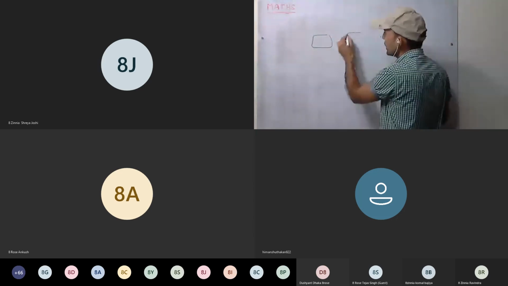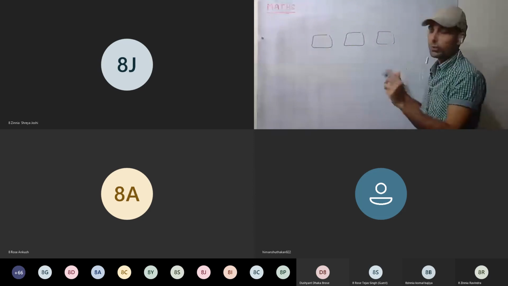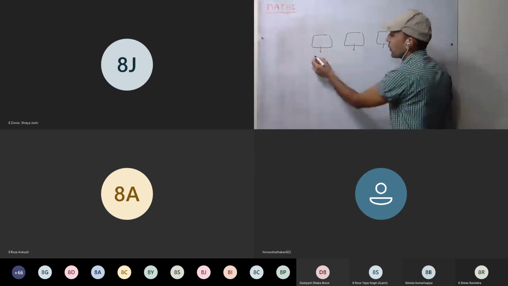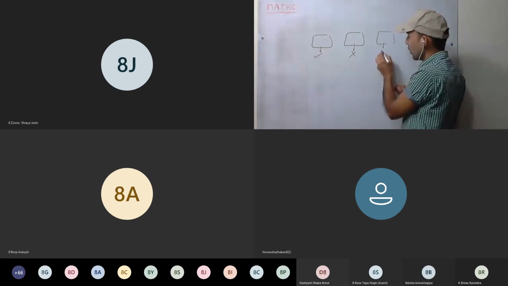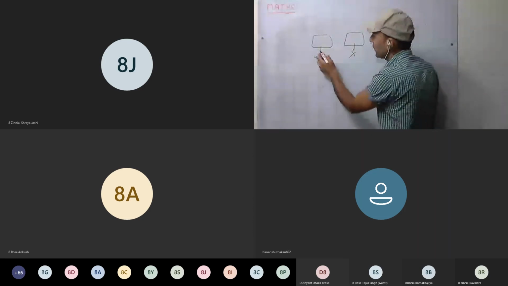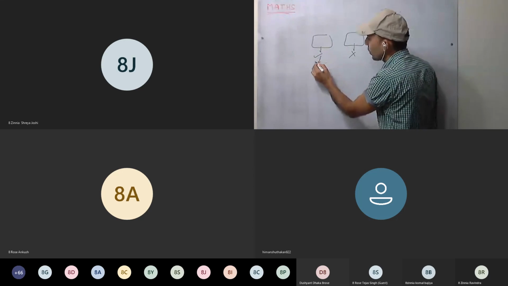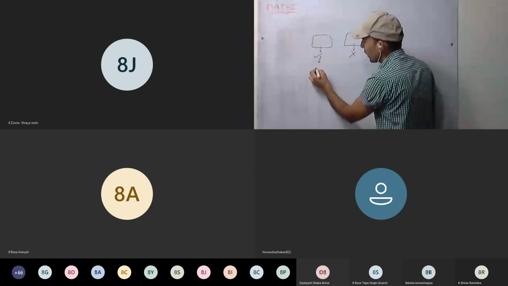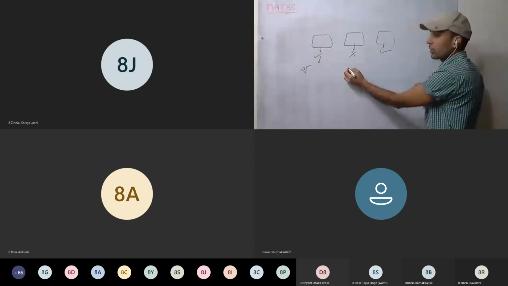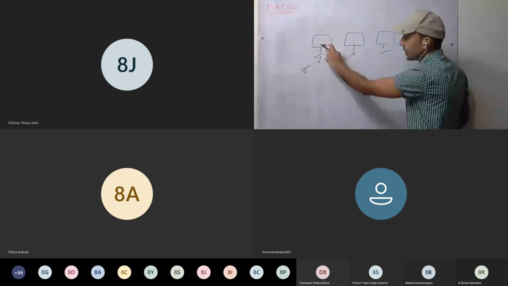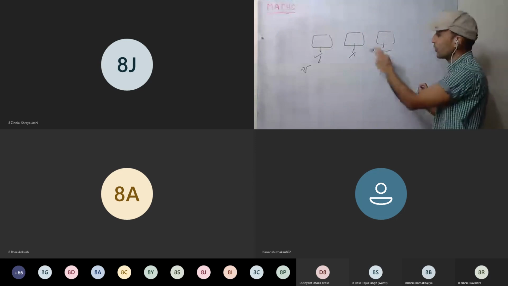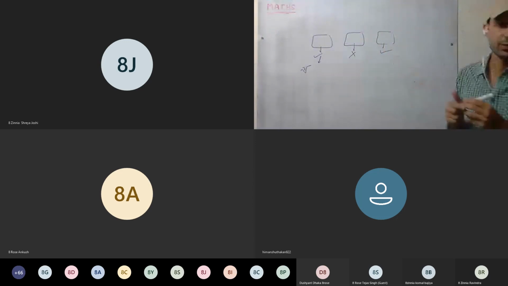First, we have to find whether these are perfect cubes or not. For example, this is a perfect cube, this is not, this is a perfect cube. Now, if this is a perfect cube, then whose cube is this one? So we have to find the cube root of this number, only if it is a cube. That means whose cube is this number. Have you understood this one?